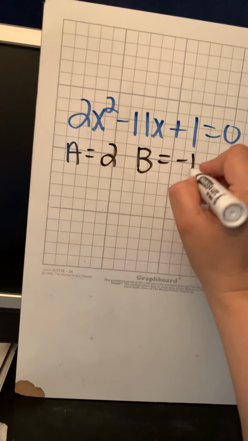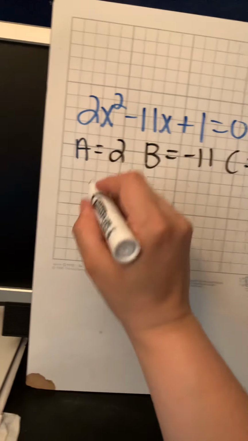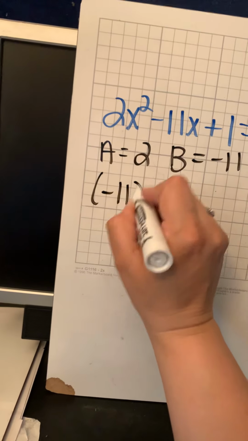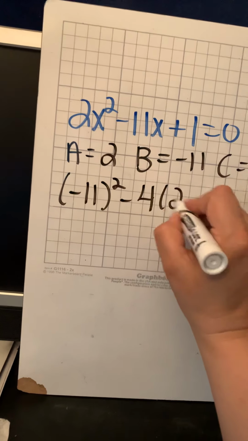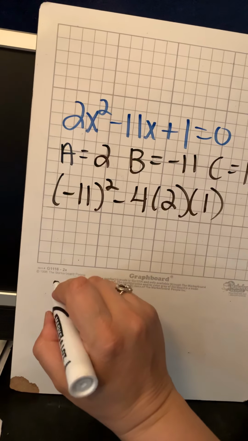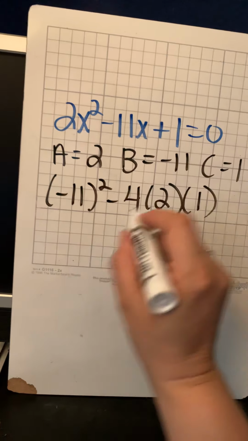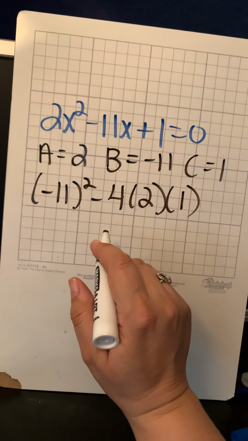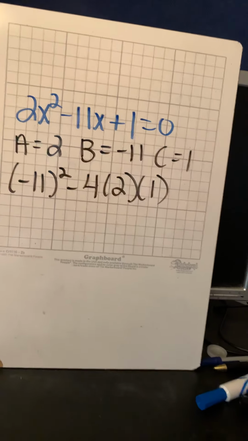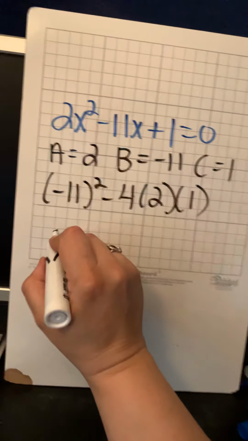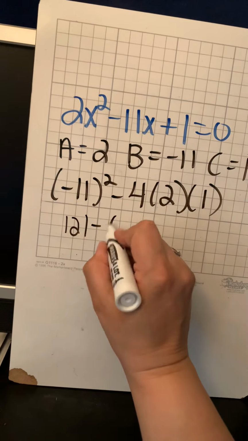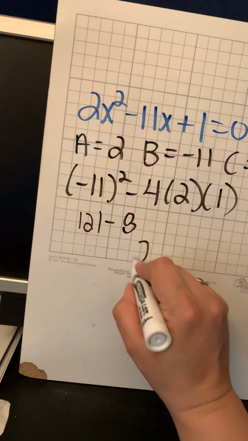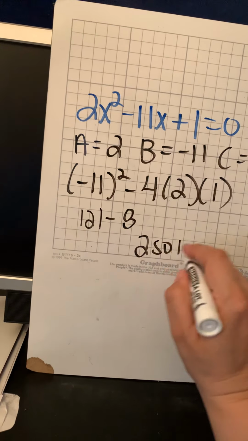Your b is negative 11. Your c is 1. So let's go with b squared minus 4ac. Well, shoot. Looks like I'm getting another one. So it's going to be 121 minus 8. You already know that's going to be bigger, so two solutions or two intercepts.